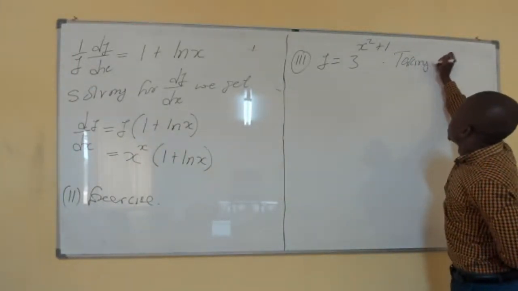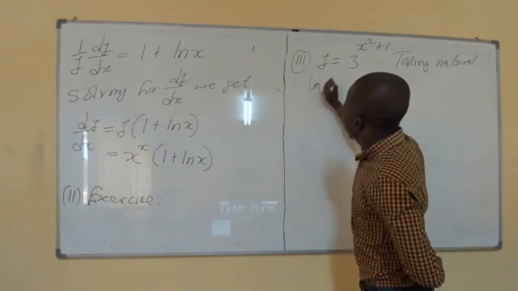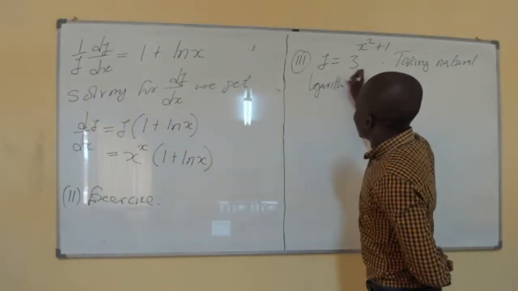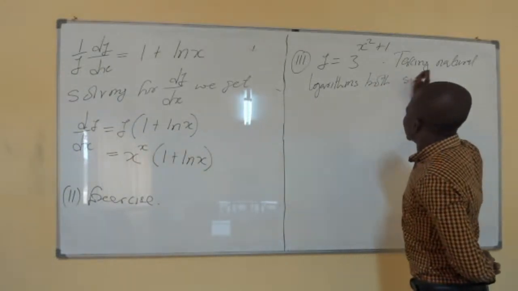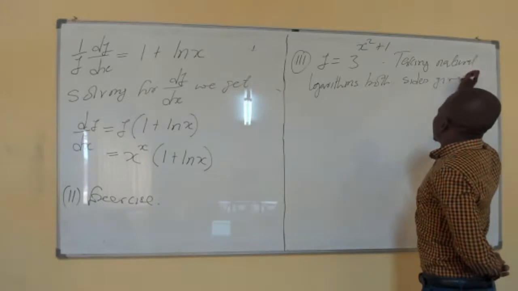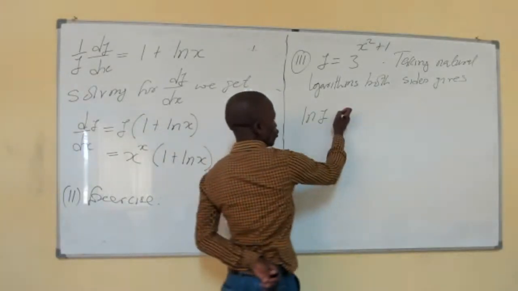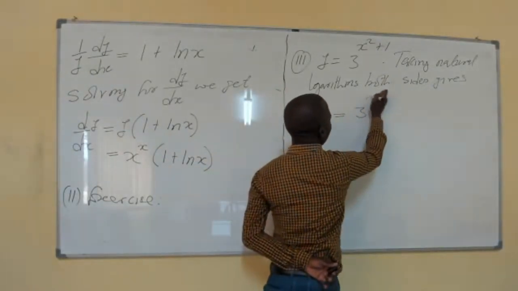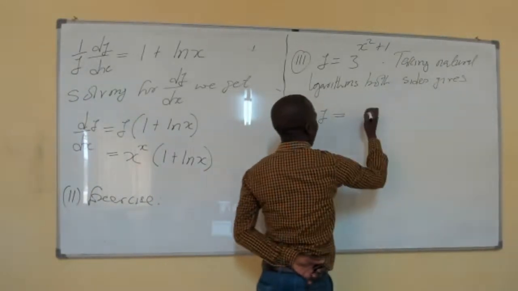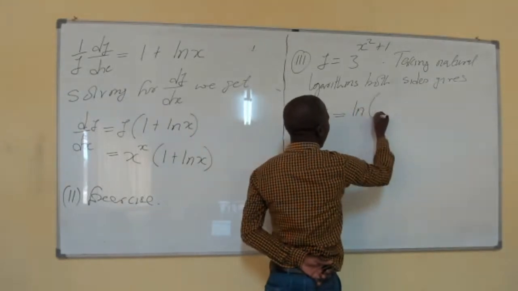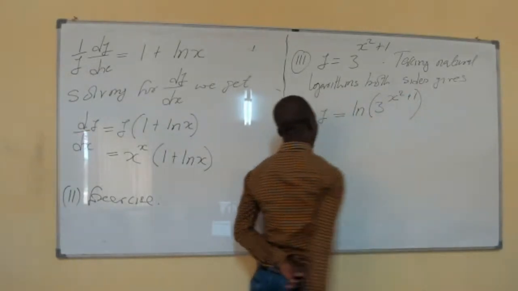Taking natural logarithms on both sides gives the ln of y, which is equal to the ln of 3 to the power x squared plus 1.